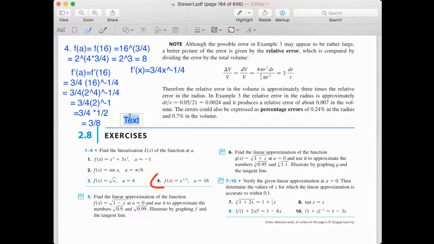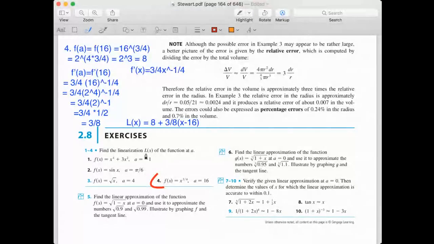So we write L of x equals the function value f of a, which is 8, plus the derivative, which is 3 over 8, times the difference, x minus 16. x means any point around 16. So that's it.